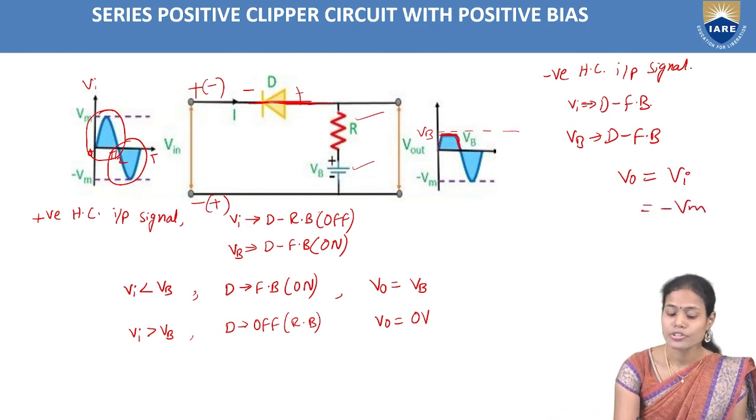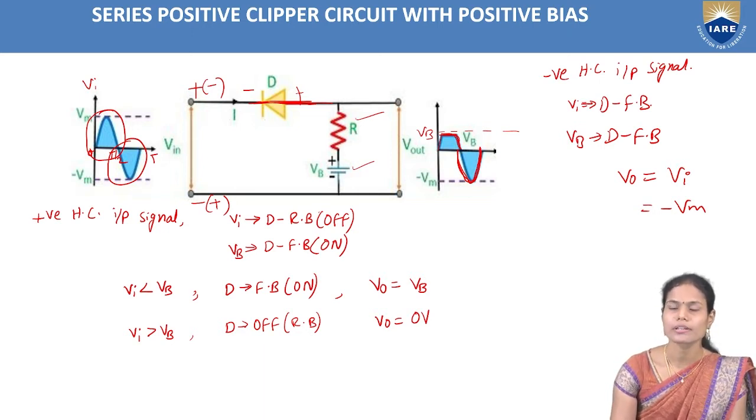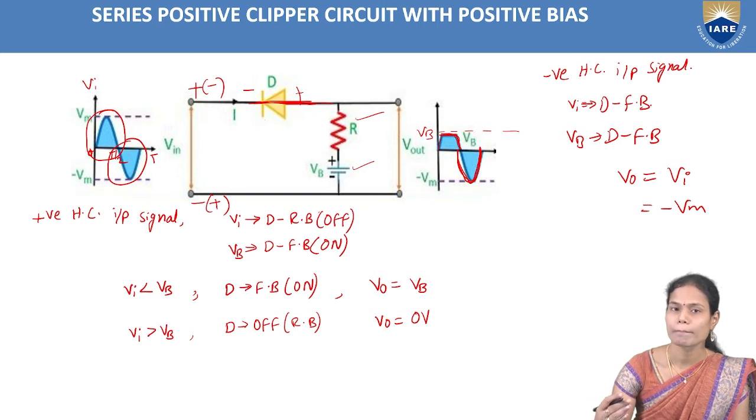So that's why during the negative half cycle, my output is minus Vm. So this is the operation of the series positive clipper with positive bias. We are using the positive bias, so we are able to clip the positive portion above that battery level using this particular clipping circuit.